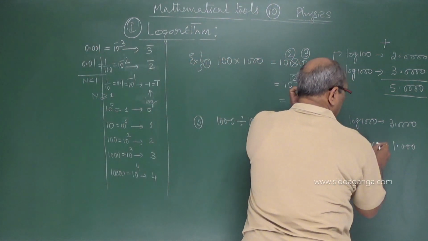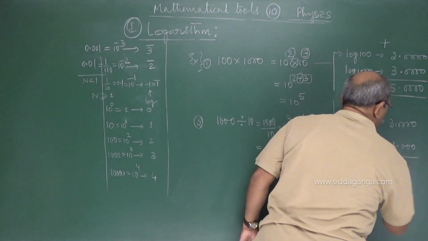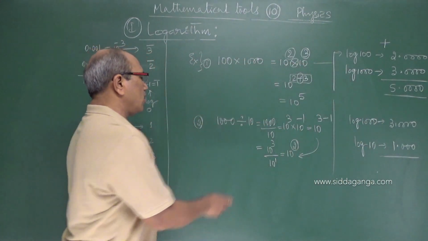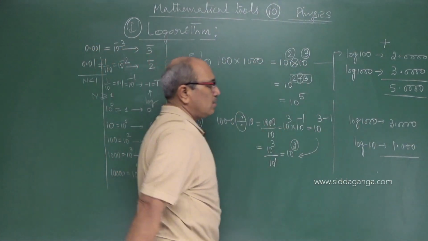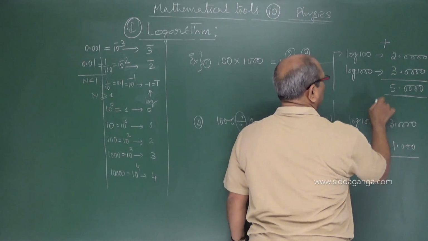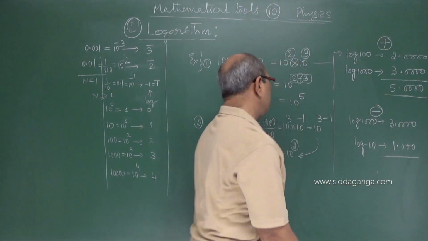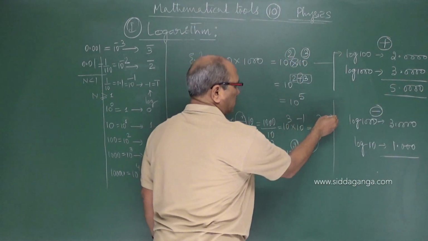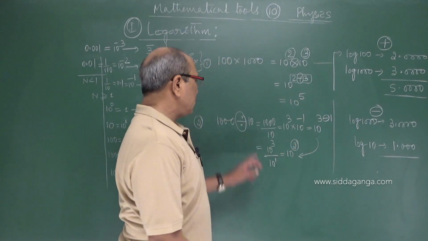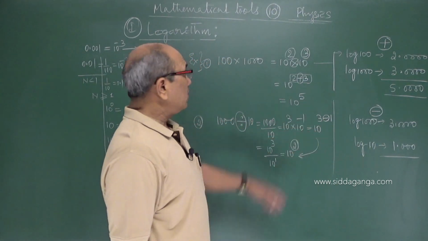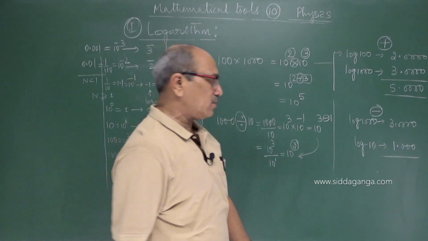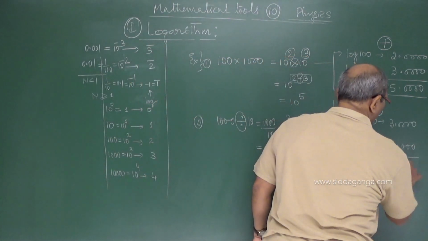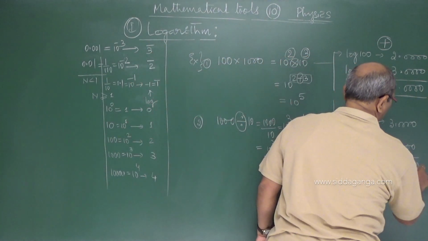To get the answer, the operator is division, so you have to subtract. Multiplication was added, and here we do a subtraction. Division is subtracted, multiplication is added in power. When subtracted, you get 2.000.